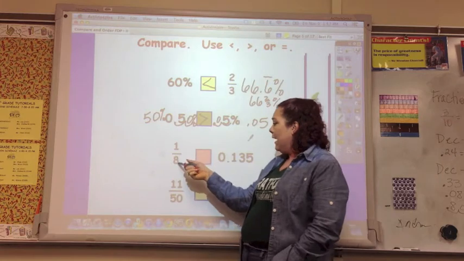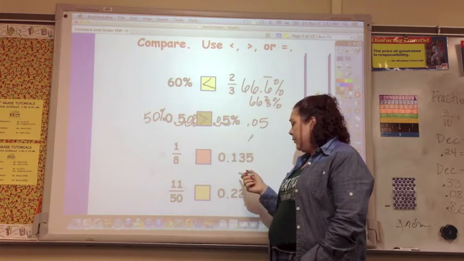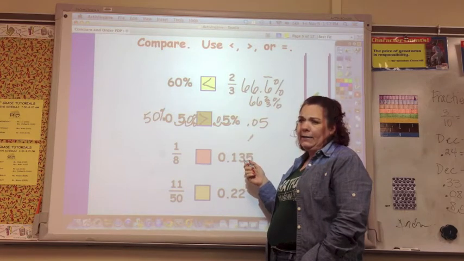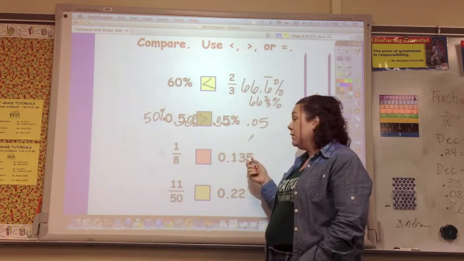1/8. Now I've got a fraction and I've got a decimal. So I really need to ask myself, I don't want to turn this into a fraction because I'm really not going to be able to compare it.